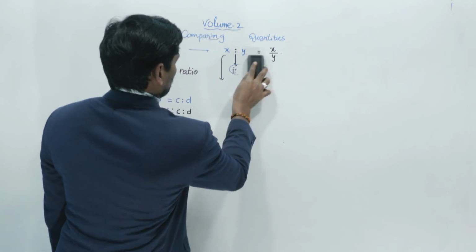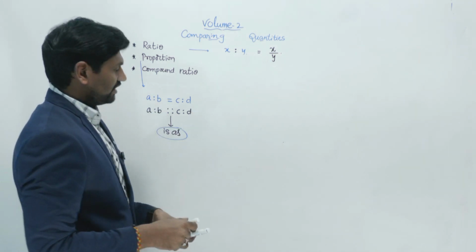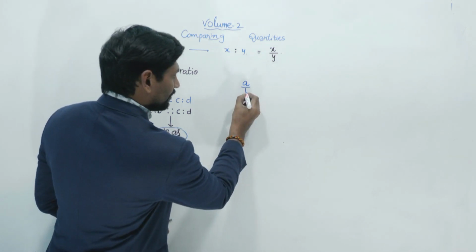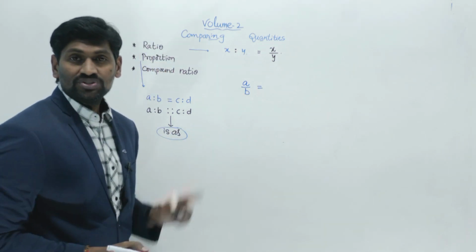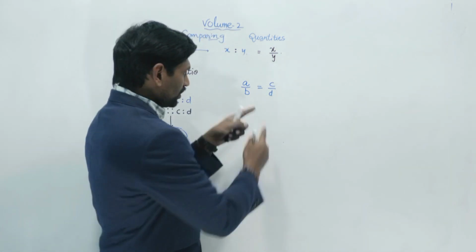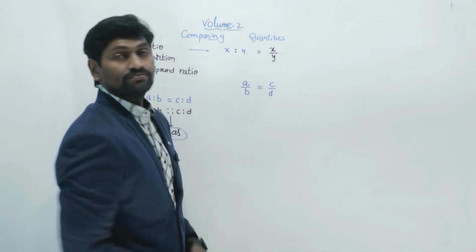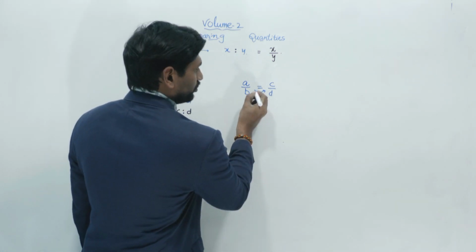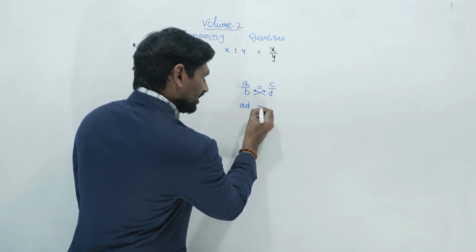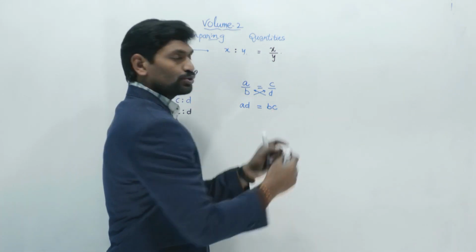I am writing A is to B and C is to D in fractional form: A by B equals C by D. Whenever you see the equal to symbol between two fractions, we can directly do the cross multiplication. That means A into D is AD and B into C is BC. So we got AD equals BC.